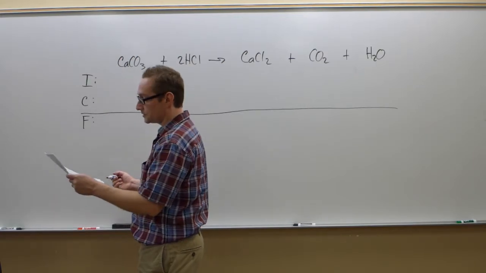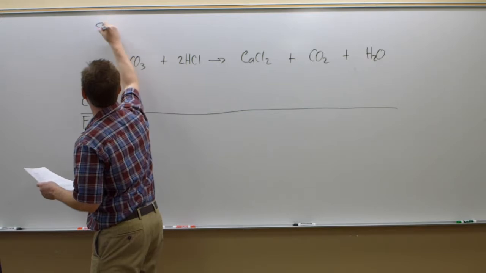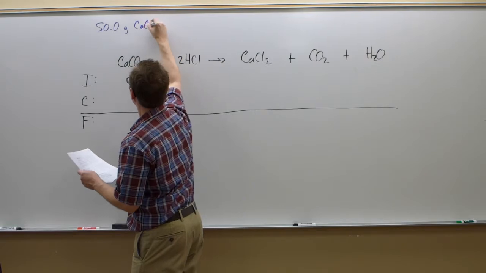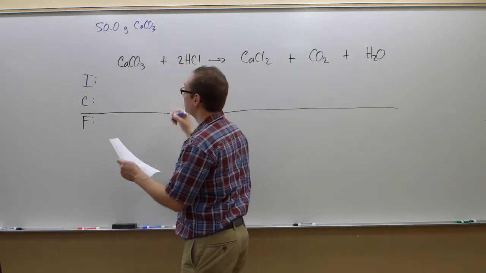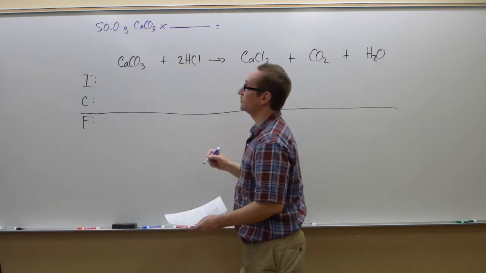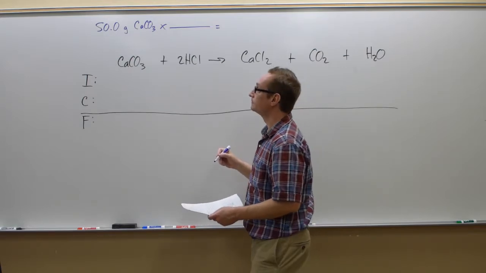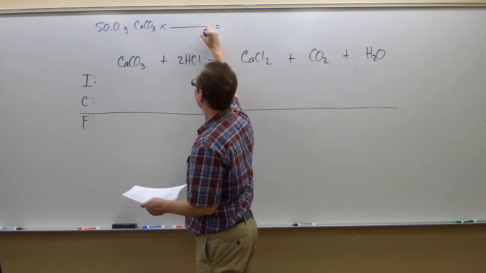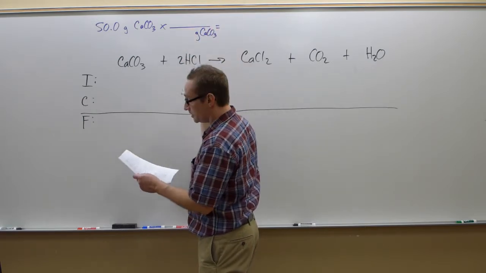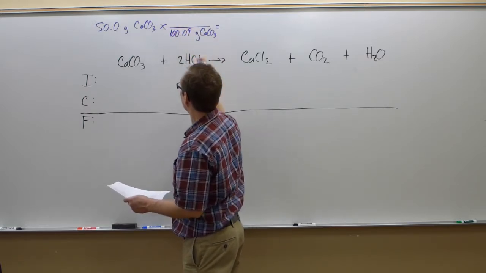So let's calculate the moles of calcium carbonate that we have here. So 50.0 grams calcium carbonate. How do I get to moles of calcium carbonate? Right, so grams of calcium carbonate, molar mass of calcium carbonate is 100.09.